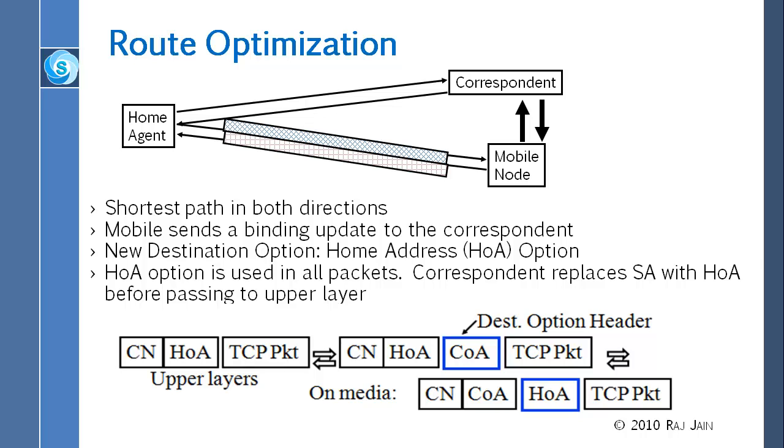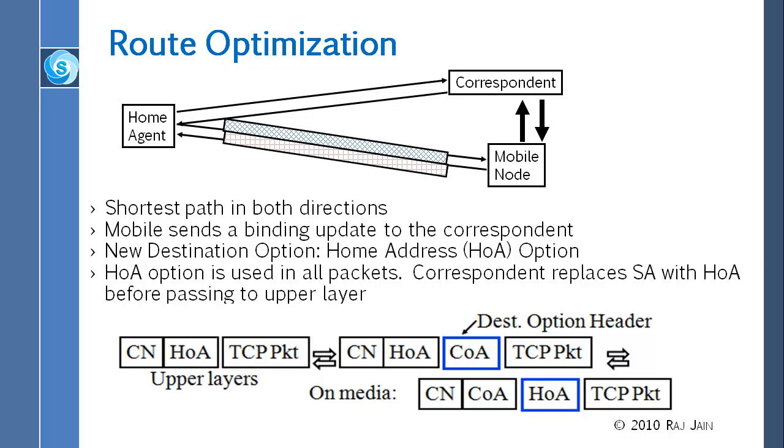And the way you do that is that you can put an extension header in which you keep the other information. So for example, the packet as it comes from the higher layers, it will have TCP, whatever the TCP packet is, and on the front of it we will put the correspondent address, which is the source address for the correspondent, and then the destination address is HOA.